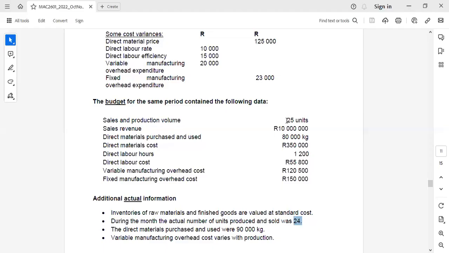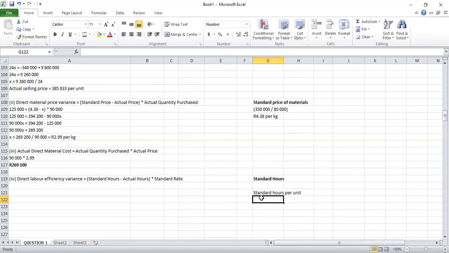We know that for 25 units, they need 1,200 labor hours. So we can say 1,200 divided by 25. What do we get? 48. Yeah, 48.